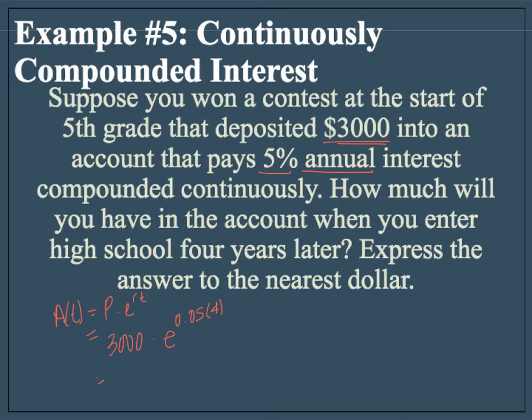Order of operations would say that you need to find what 0.05 times 4 is. And once you find that answer, you say e to that answer and then times 3,000. By the way, 0.05 times 4 is 0.02. Or excuse me, 0.2.